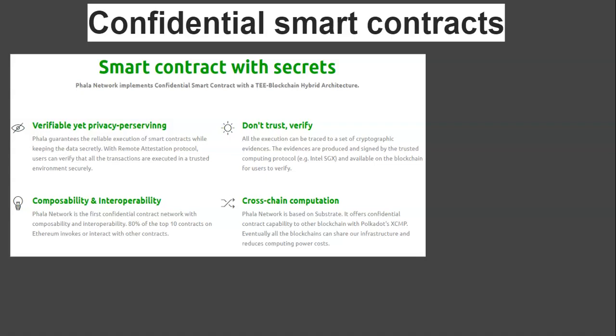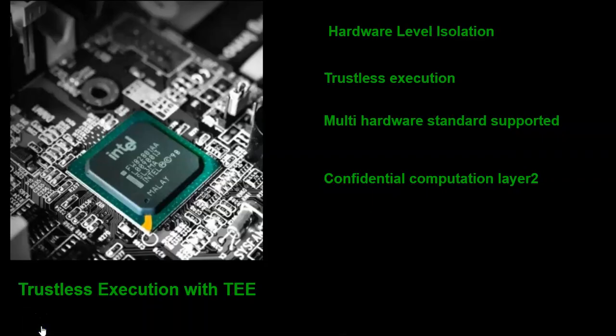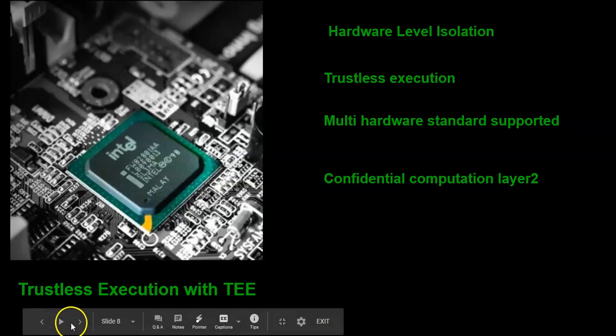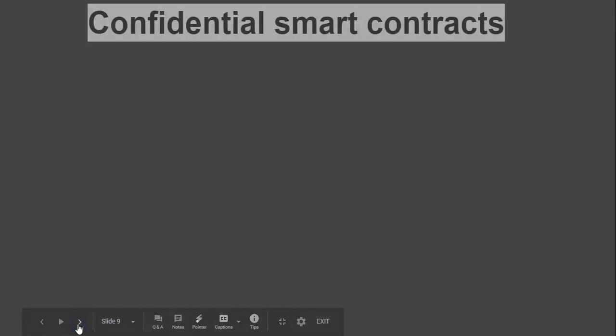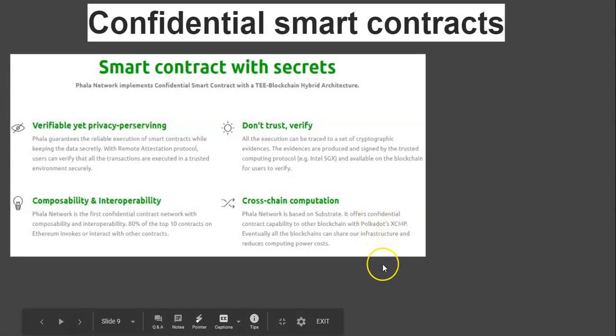Phala Network combines a lot of these nodes of trusted execution environments. People that have nodes using trusted execution environments run these nodes, and they are able to validate transactions and do computation around smart contracts with confidentiality on the platform. So as you can see from it.